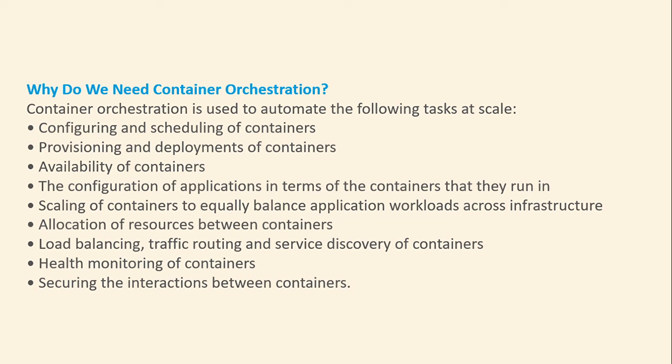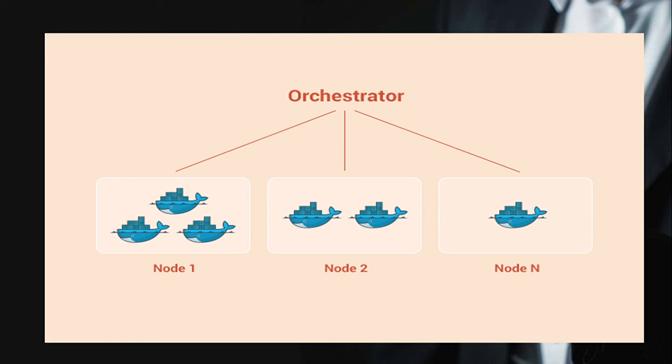So, if we have to summarize what container orchestration does, or why we need it, it is for configuring and scheduling of containers, provisioning and deployment of containers, availability of containers, the configuration of applications in terms of the containers that they run in, scaling of containers to equally balance application workload across infrastructure, allocation of resources between containers, load balancing, traffic routing and service discovery of containers, health monitoring of containers, and securing the interaction between the containers.